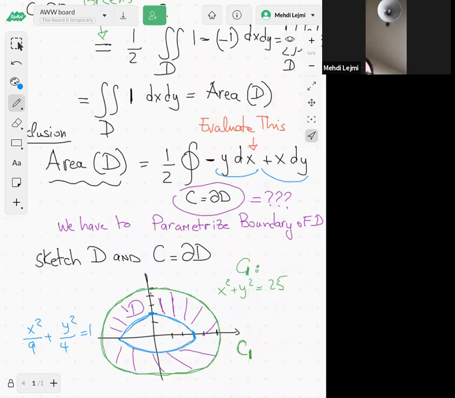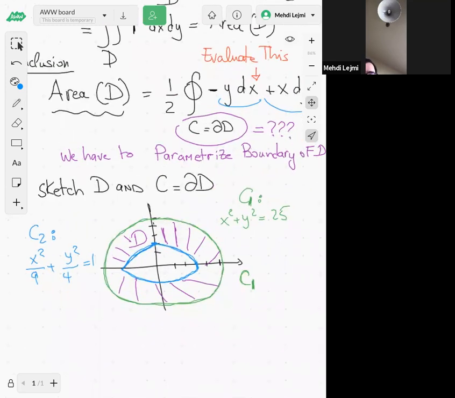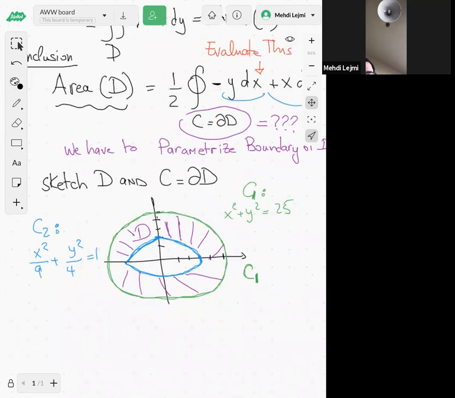Let's call this ellipse C2. So what I'm saying here, guys, is that the boundary C of D is the union of C1 with C2.